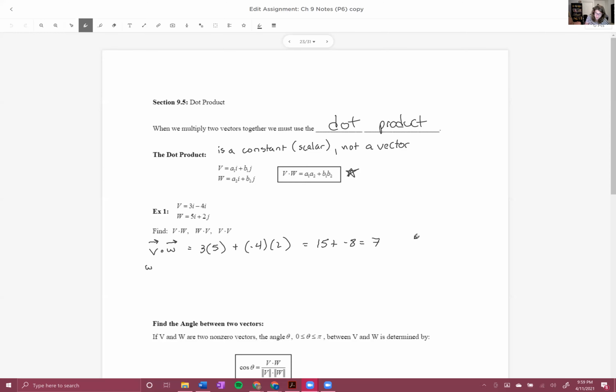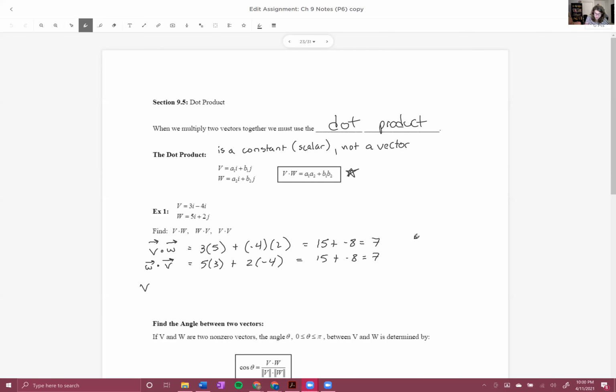When we reverse the order and do w dot v, taking our dot product, you'll see that we take our 5, we multiply it by our 3, we take our 2, multiply it by our -4. It's the same thing. You can reverse the order of the two vectors and you get the same product there.